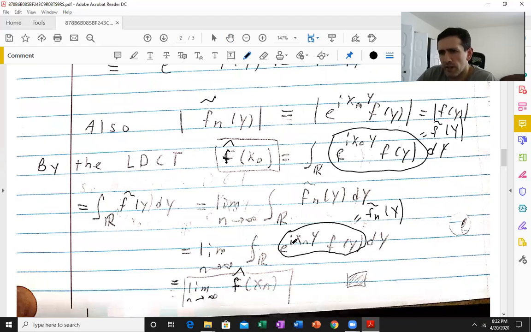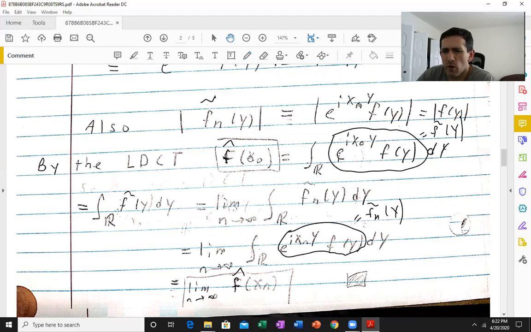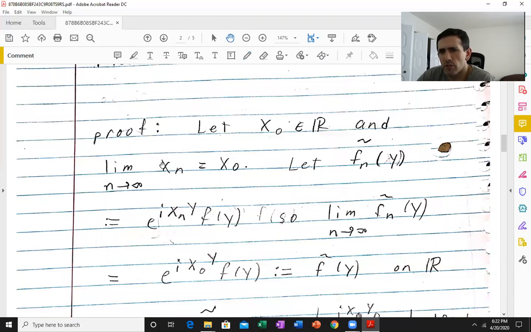Right, and like I said, integrating f_n tilde of y is this, which is just the Fourier transform f hat of x_n. So we've carefully proven that f hat of x_0 is the limit, as n goes to infinity, of f hat of x_n if x_n converges to x_0. And that proves continuity.